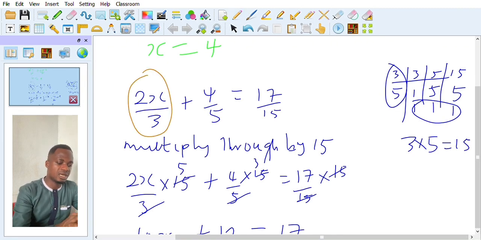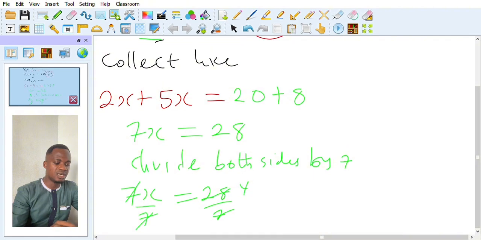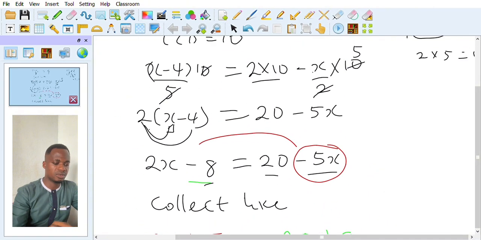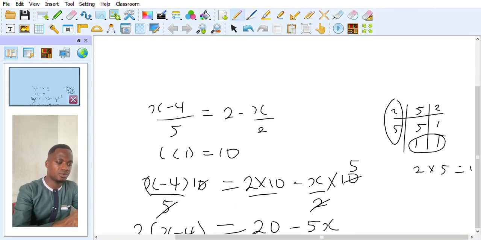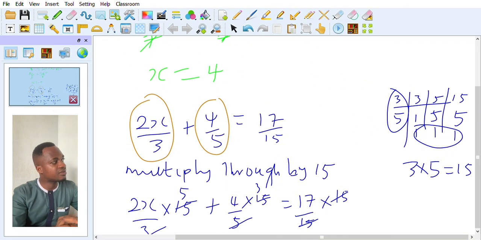This is a term here and this is another term. So cross multiply will not work here. And in this example, we have 2 terms here. Cross multiply will also not work. Cross multiply only works if we have just one term on the right hand side and one term on the left hand side.